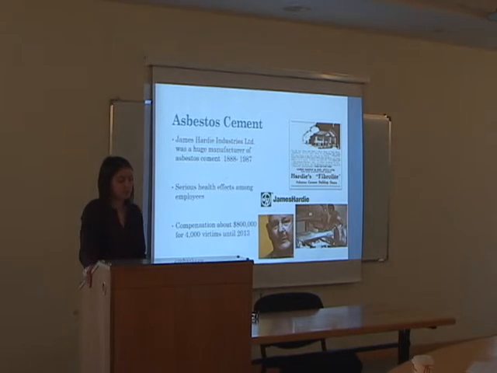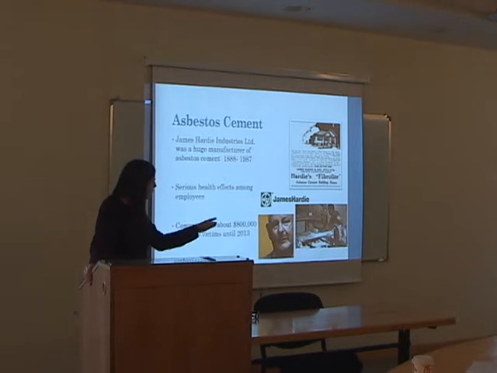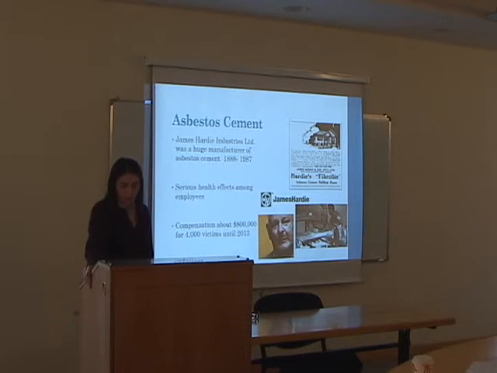Australia also used asbestos cement. James Hardie Industries was the main company that produced asbestos-containing materials such as tiles and sheets of asbestos cement. We see that employees also didn't wear any suits for safe work.